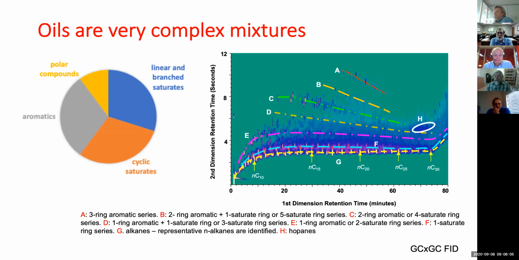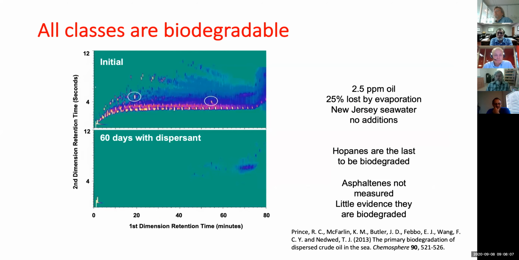The key thing that I want you to go away with is that when you let bugs loose on that at the right concentration, a few ppm, the microbes consume essentially all the oil components except the hopanes. Those 2 circles there are components of Corexit. This is an experiment that had Corexit in it, but they also have been consumed by the end of the experiment.